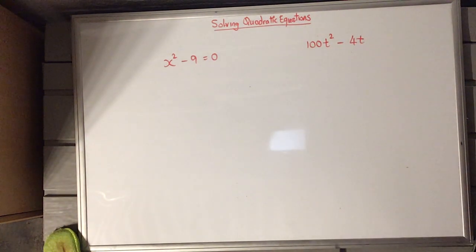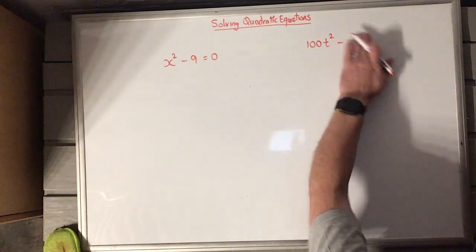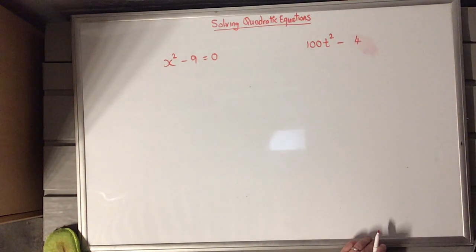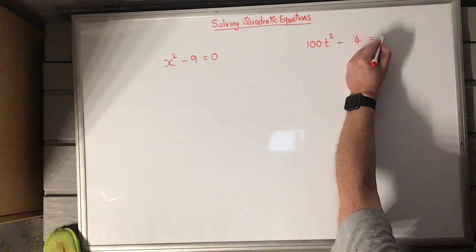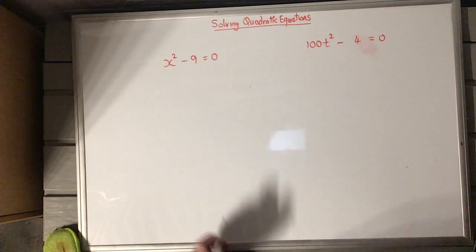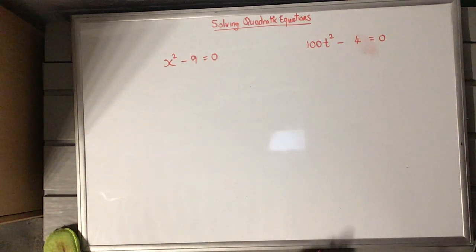And see what we get there. Oh, sorry, no, we won't make that. We'll make it 4. We'll make that 4 equal to 0. So what do we get there? To get a common factor, well, we don't have a common factor, so we can't take a common factor.